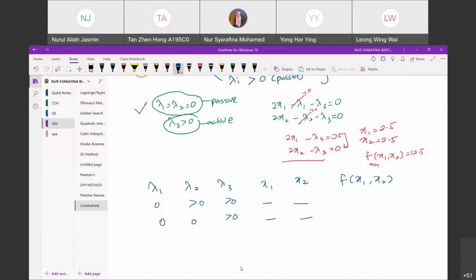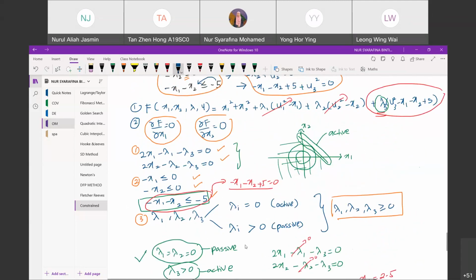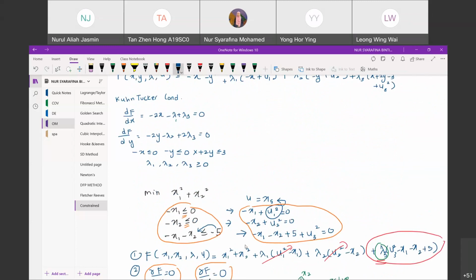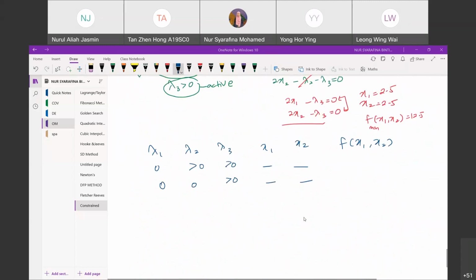Usually for this type of Kuhn-Tucker condition, our focus is on identifying the condition. So it is not advisable for me to ask you directly based on lambda values here, otherwise it is not quite suitable for a numerical calculation, because it takes a long time to test the values of lambda 1, lambda 2, and lambda 3.